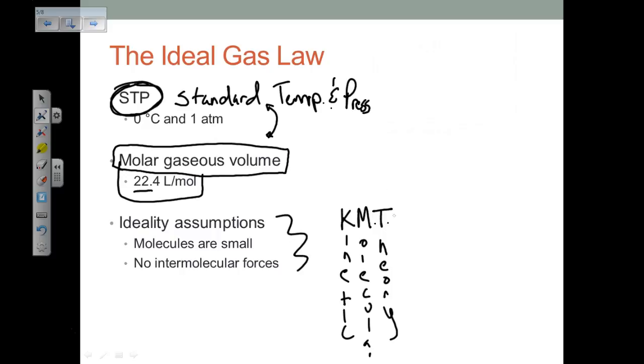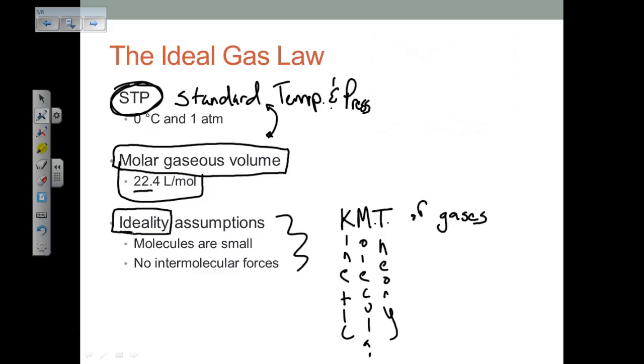And the kinetic molecular theory of gases talks about all the things that we've kind of mentioned before, that molecules are small and they're in constant motion, and that motion exerts pressure in a container, all of those things that we kind of conceptually get. But we make 2 assumptions in order to make sure that gases are ideal.